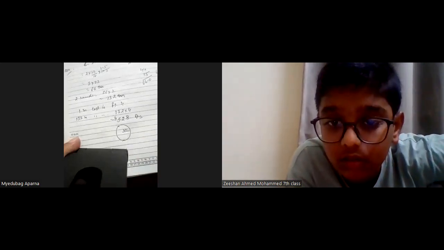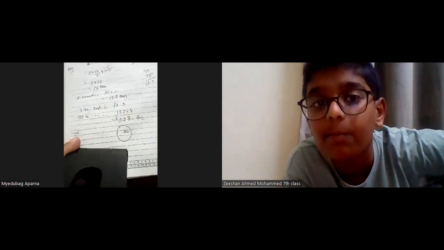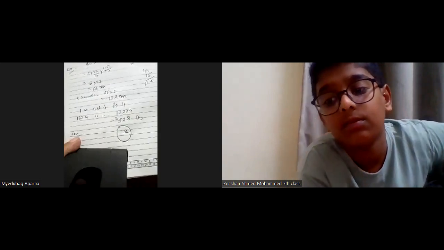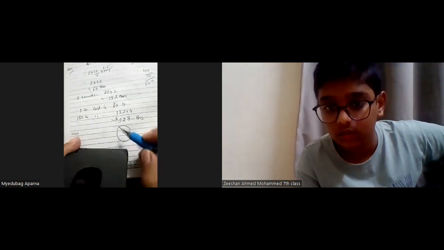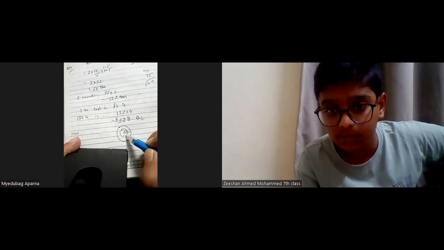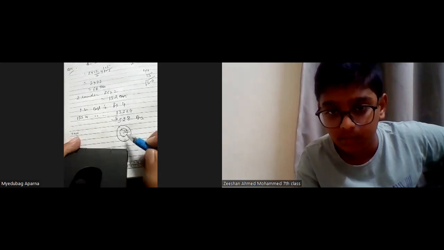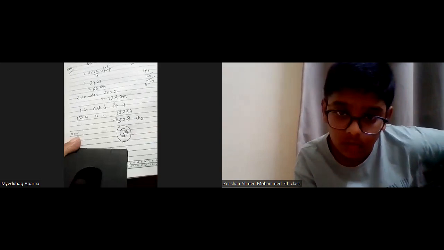This is the bigger one. But there you will see one more circular sheet is also there, which is removed from this one. That means from here, it is removed. And what is the radius of that? 3 centimeter. What do you have to find?